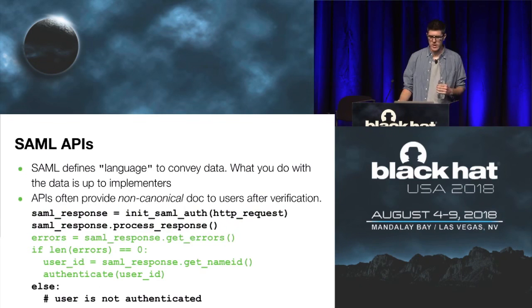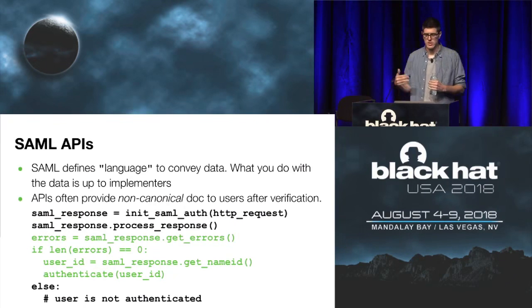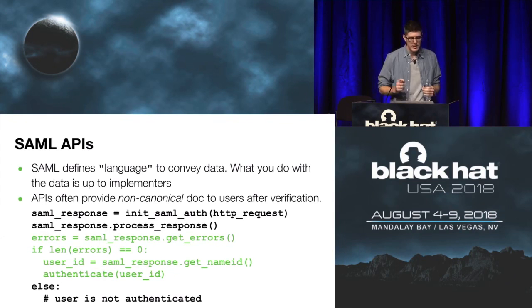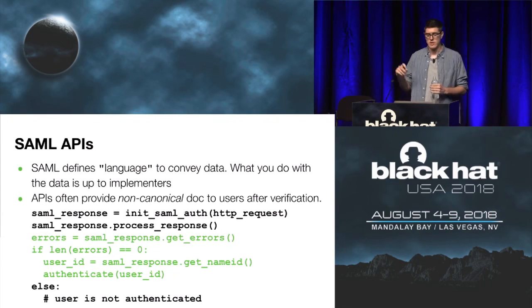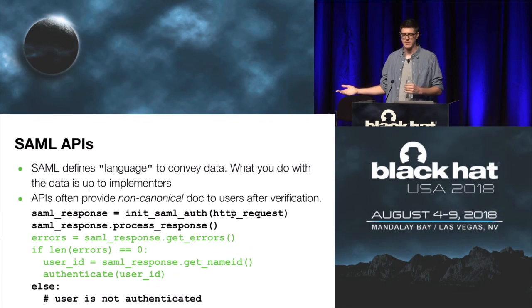Assuming there were no errors during processing, we can extract the data relevant for our use case. In this case, we just need to extract the name ID element from the SAML XML, which is the username that we want to use to authenticate our user. A subtle point here is that these libraries do not often use the canonical XML document for this post-processing step that's SP specific.